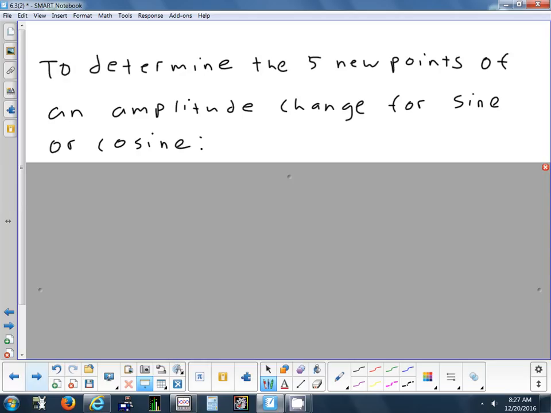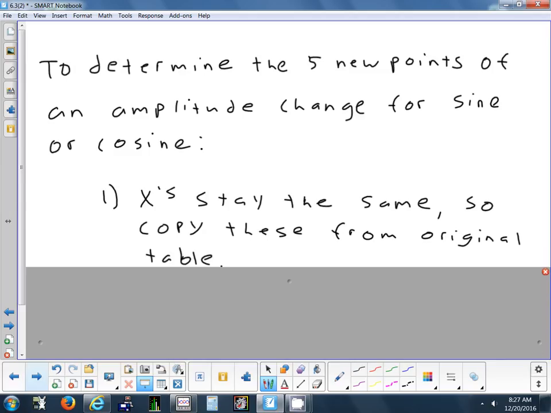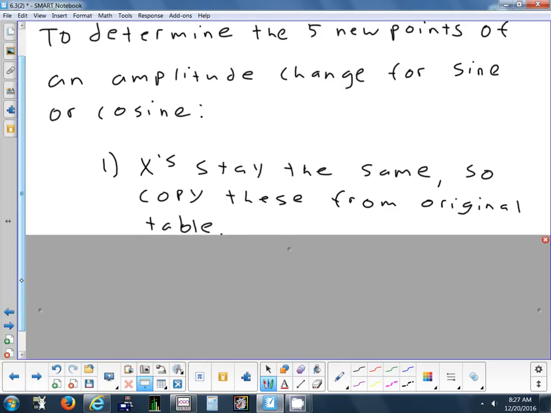Just like with the phase shift and the vertical shift, we have to figure out where those 5 original points are going to go. First of all, since we're stretching up and down, the x's stay the same. So copy down all your original x's from the table.